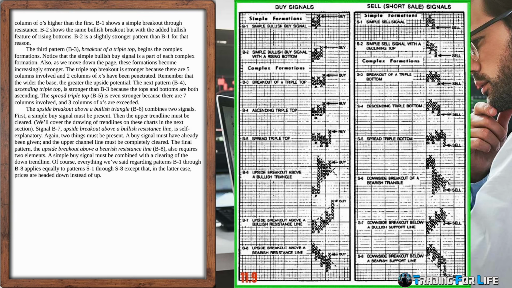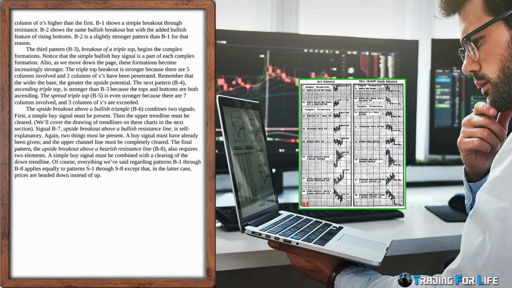The final pattern, the upside breakout above a bearish resistance line, B8, also requires 2 elements. A simple buy signal must be combined with a clearing of the downtrend line. Of course, everything we've said regarding patterns B1 through B8 applies equally to patterns S1 through S8, except that, in the latter case, prices are headed down instead of up.